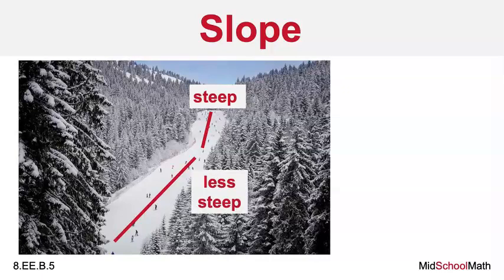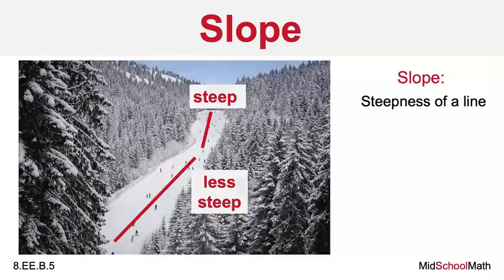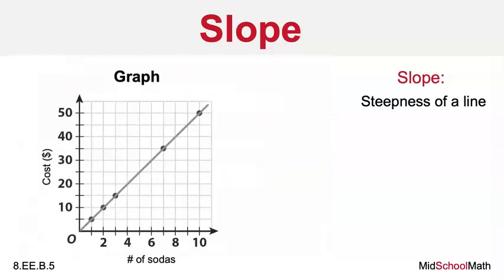As it relates to math, we start by defining the slope as the steepness of a line on a graph. Let's look at the graph of the line formed by the cost and soda situation from before. This line definitely has an incline to it, as we see that it goes up from left to right, telling us that as the number of sodas increase, so does the cost.